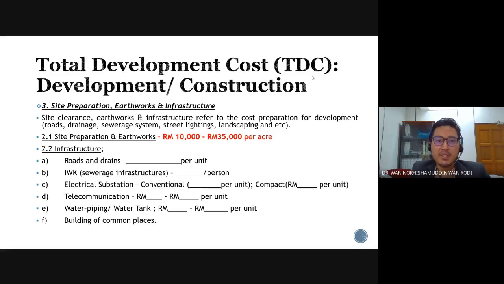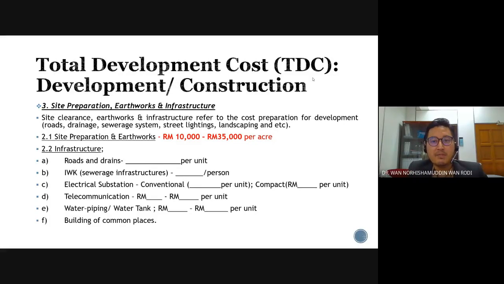Okay, for site preparation, normally the cost involved is in regards to demolition, or clearing the site of any debris, vegetation, or probably some abandoned buildings, incomplete buildings, large trees, for example. And then another site preparation work is cut and fill.